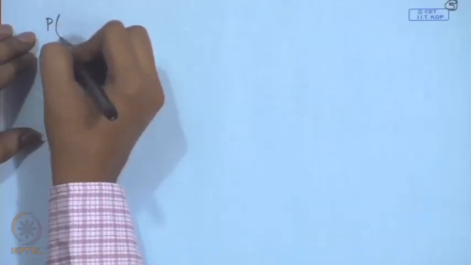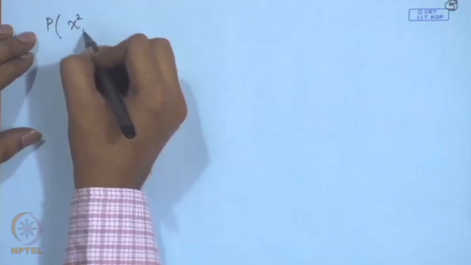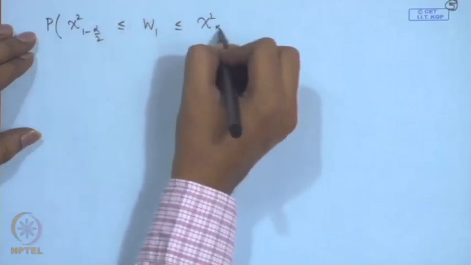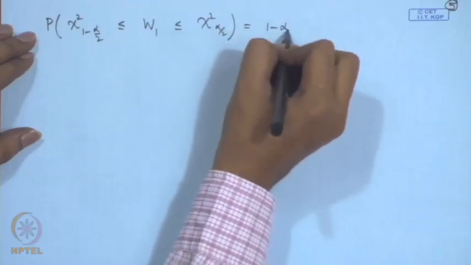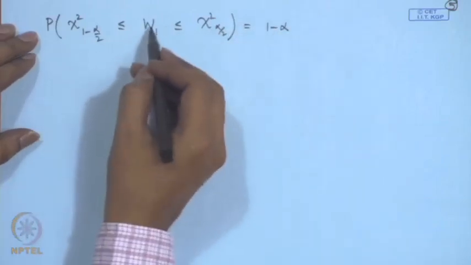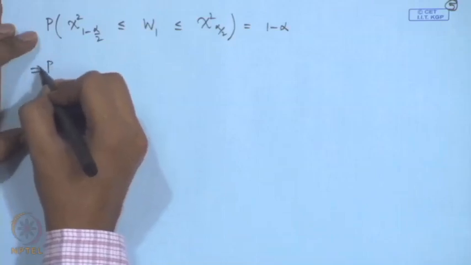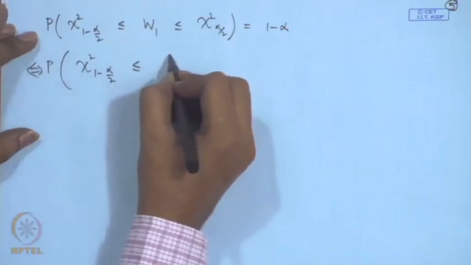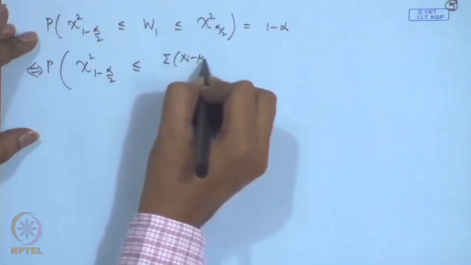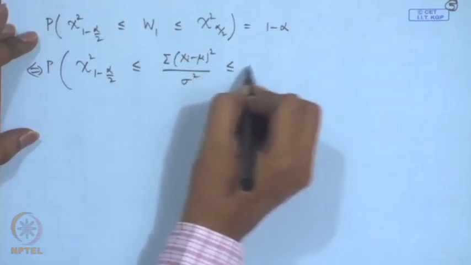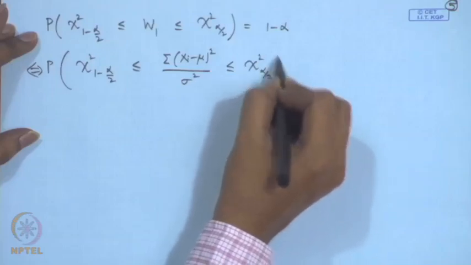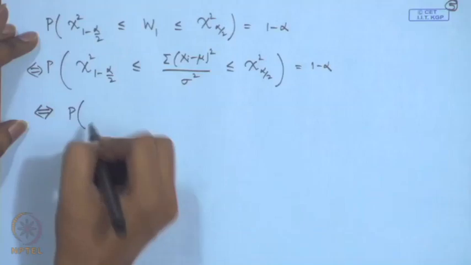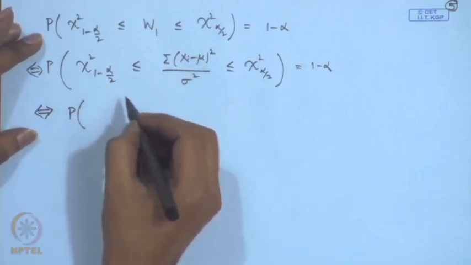So, consider the statement, and now again we simplify this. This statement is equivalent to chi square 1 minus alpha by 2 less than or equal to sigma x i minus mu square by sigma square less than or equal to chi square alpha by 2 is equal to 1 minus alpha.